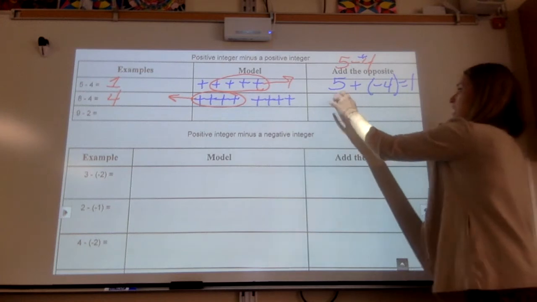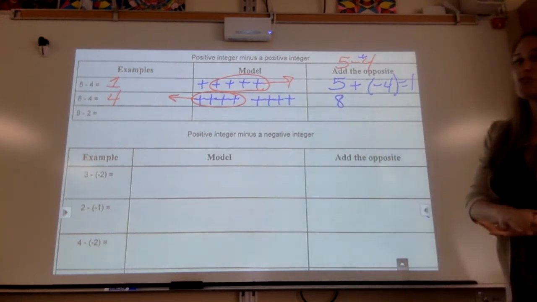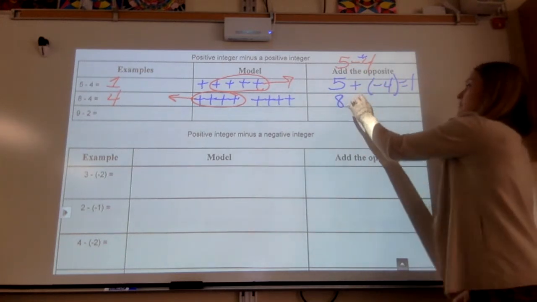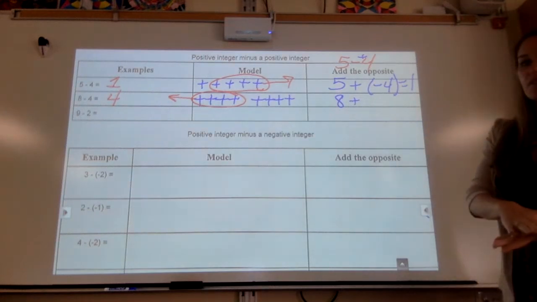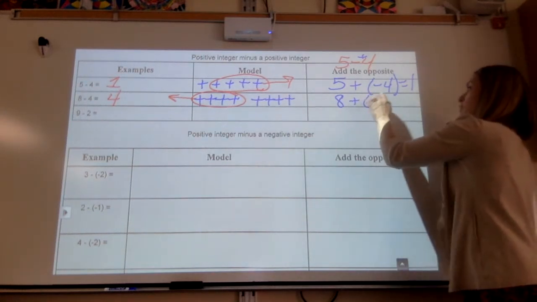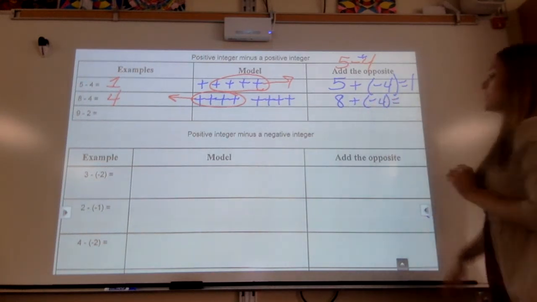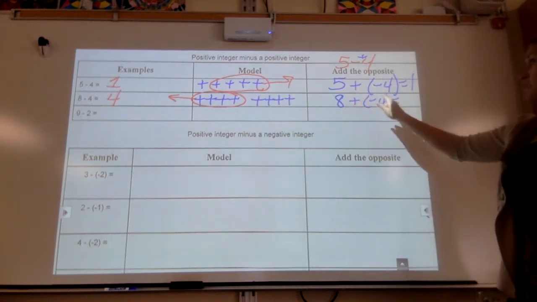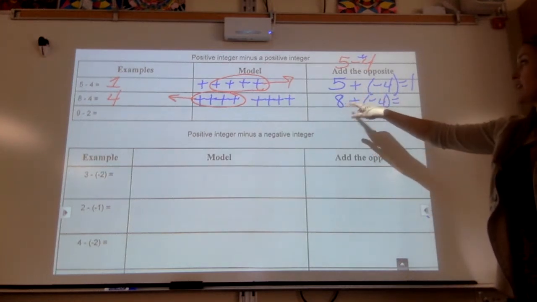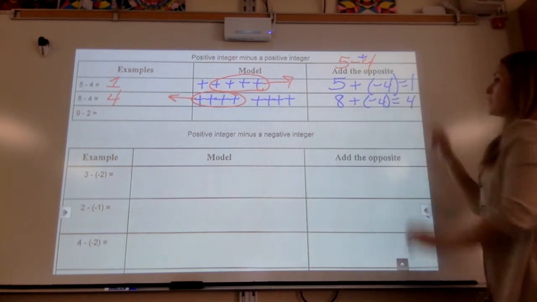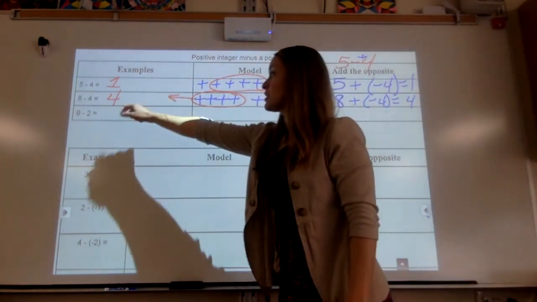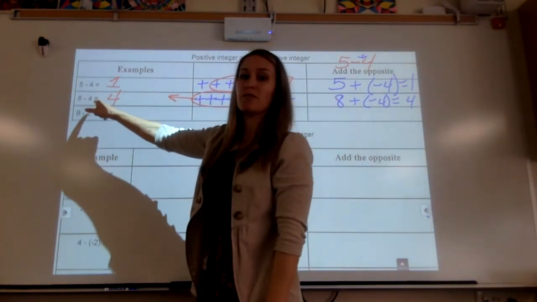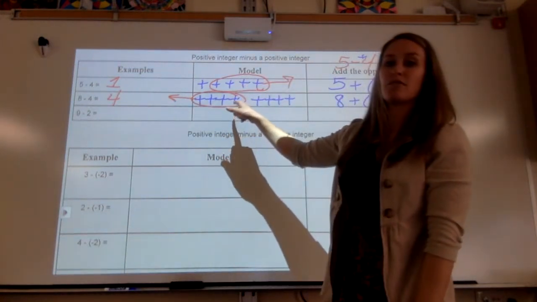So I'm going to start with my 8, change my subtraction to adding. And then what's the opposite of positive 4? Negative 4. And this past week we talked about 8 plus a negative 4. Well, if I have 8 and I spend 4, I have 4 left. Again, same answer. Because remember, this is 8 take away a positive 4, right? I took away positive 4.